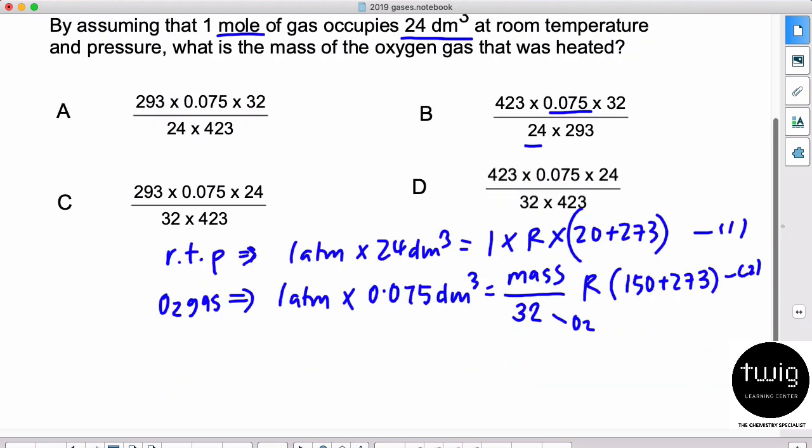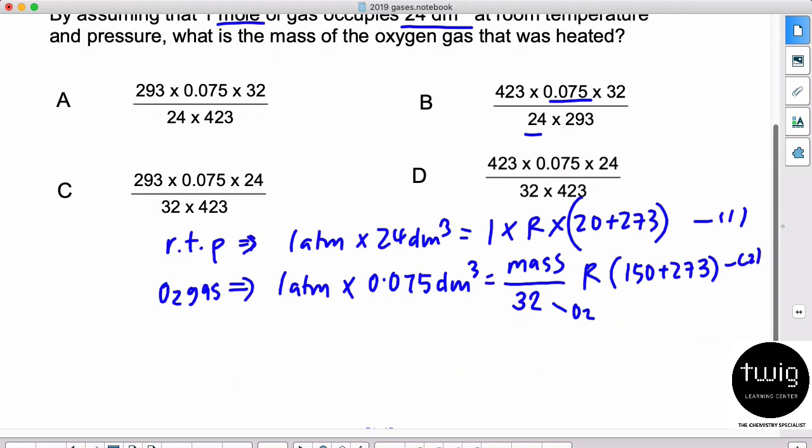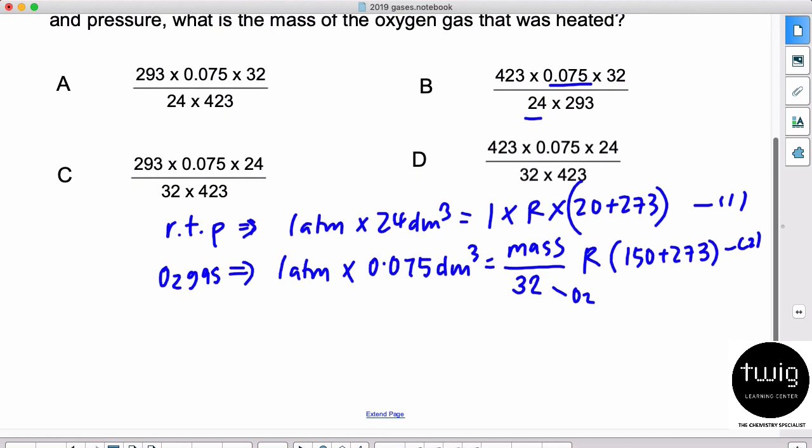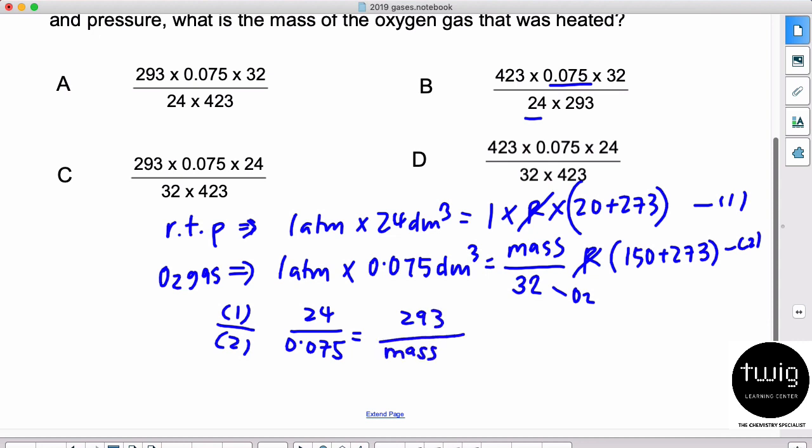You do some manipulation and you can get the answer. Let's just use 1 over 2. If you can't see that, we'll do it together. 1 over 2, cancel. Left behind is 24 over 0.075. On the other side, the R can cancel, so on top is 293 divided by mass over 32. I don't like to put 32 below, so I put the 32 on top.